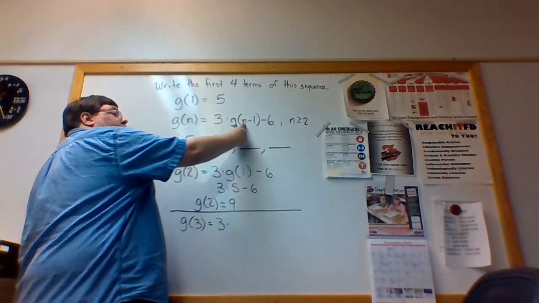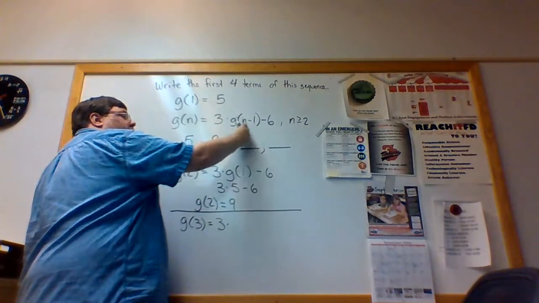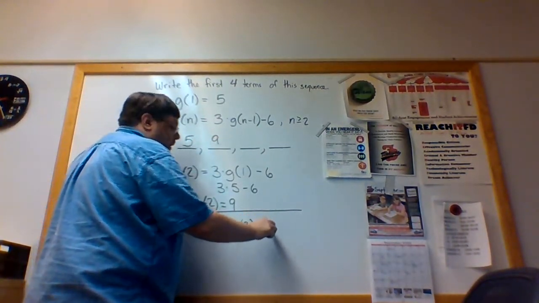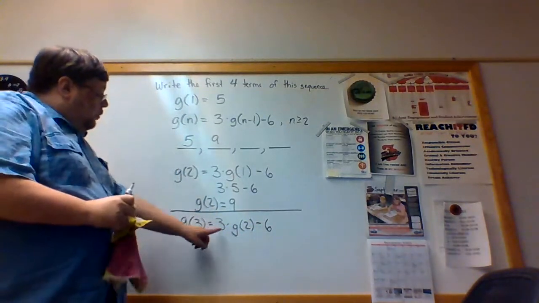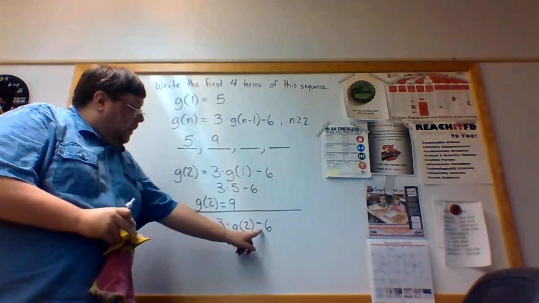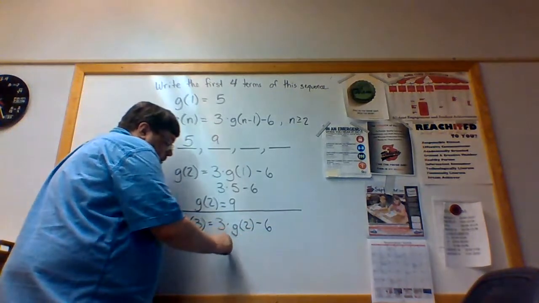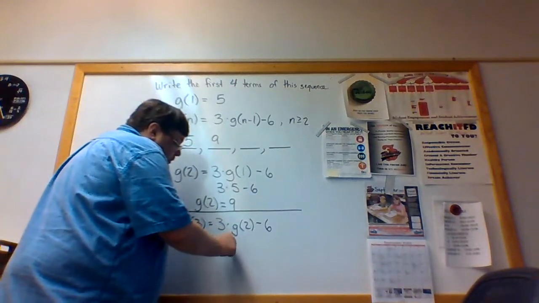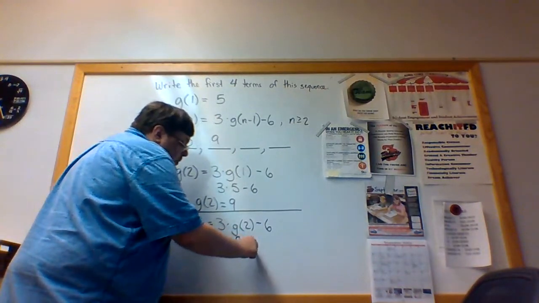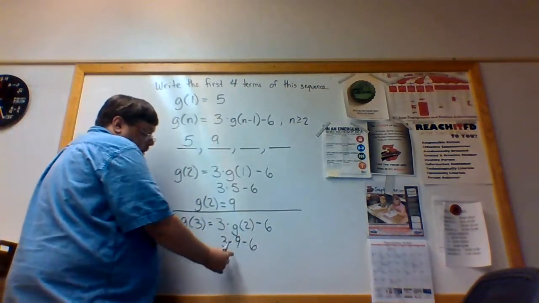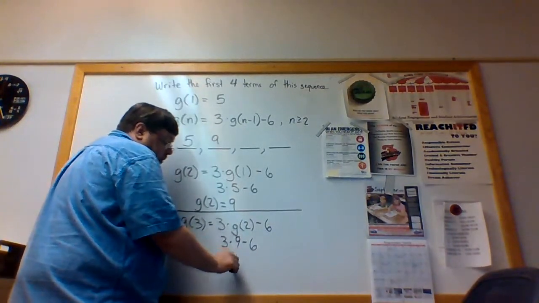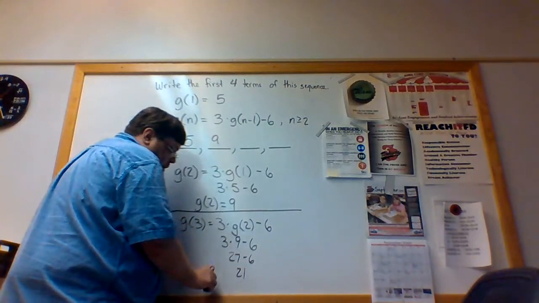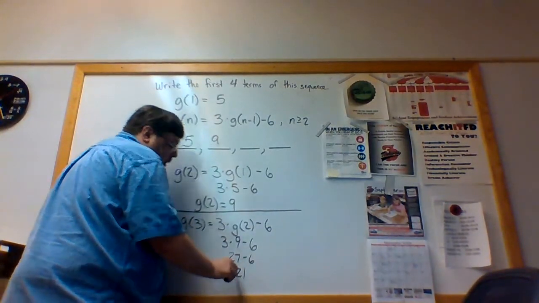Remember, if n is 3 here, then this would be n minus 1 or 2. 3 times g of 2 minus 6. 3 times term 2 minus 6. 3 times the value of term 2, which was 9. So we're going to do 3 times 9 minus 6. That would be 27, minus 6 is 21. So g of 3 equals 21.